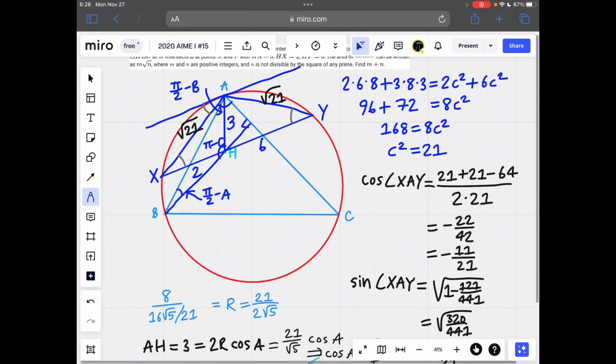We need the A altitude now. The A altitude, well, that's not tough to find. If you just note that the reflection of H over BC lies on omega. Now, why is that the case?